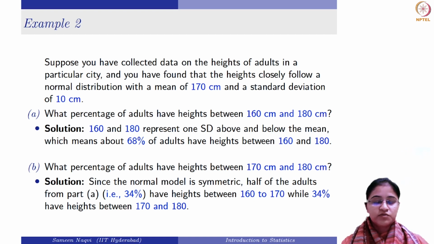Now the question comes up: what to do when your data set is not normally distributed, or does not have a bell shape, rather it follows some other shape? Except normal distribution, it will have any other distribution. In such cases, how can I tell what percentage of data falls between these two endpoints? To answer that, we have a result by Chebyshev.